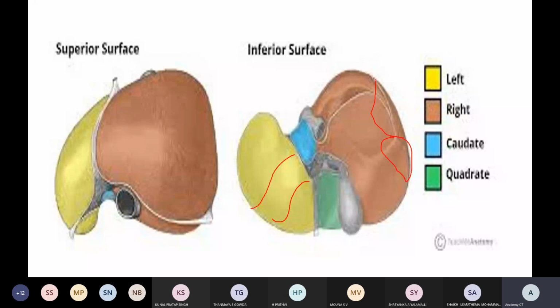The transverse colon is also there, and there is a relation of the right kidney over here. Sorry, the right kidney comes in relation to the lower inferior part, and along with it there is a suprarenal gland.